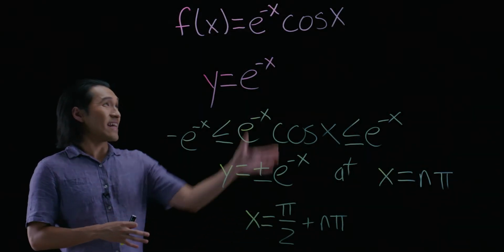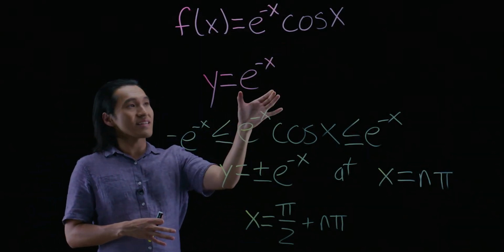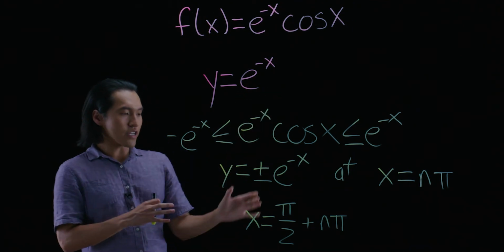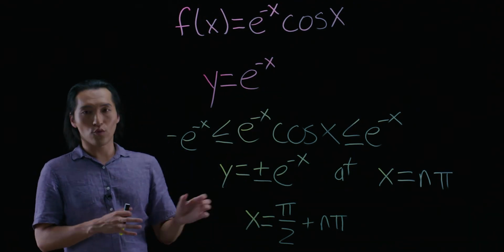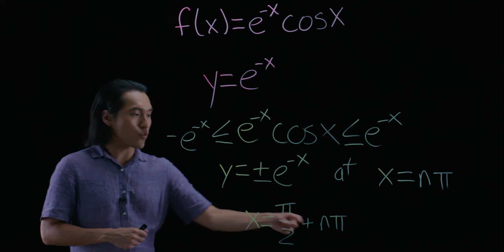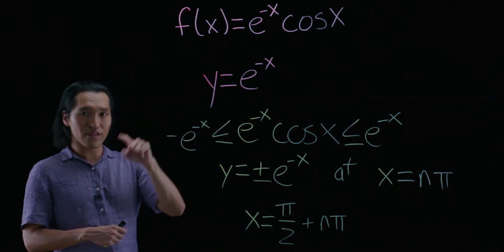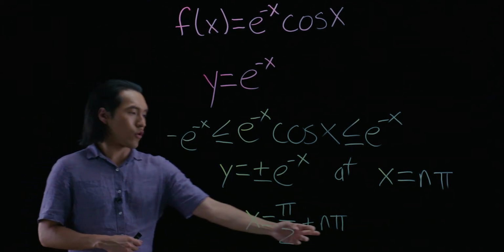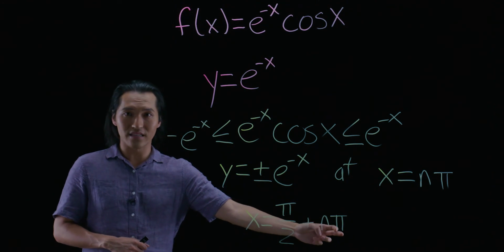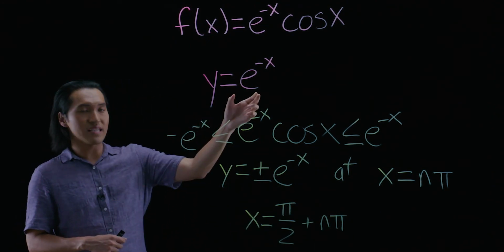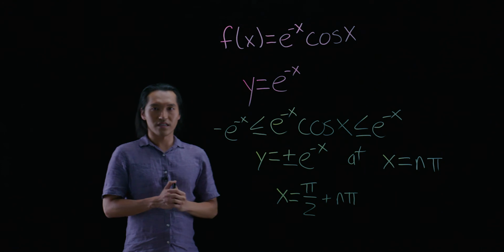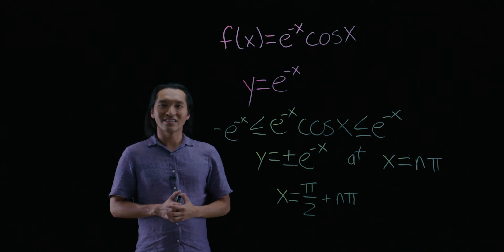What this means is that this function will intersect its damping factor starting at pi over 2 radians, in other words, 90 degrees, and for every 180 degrees after that, it will intersect again, or in other words, every pi radians, it will intersect this damping factor constantly into infinity. And that is how you solve this problem.